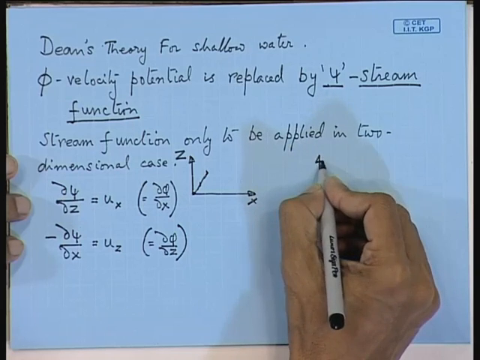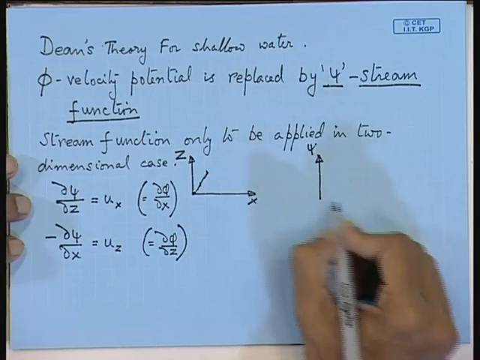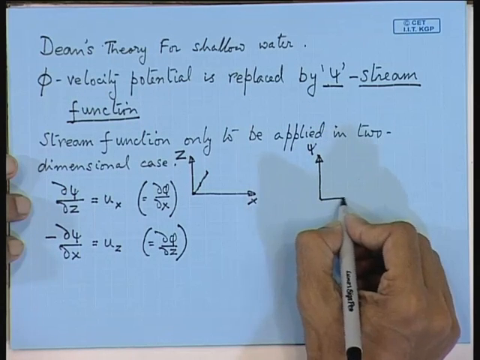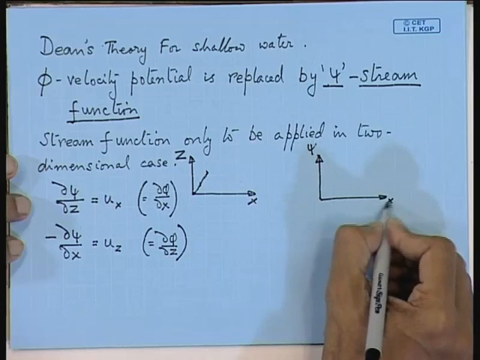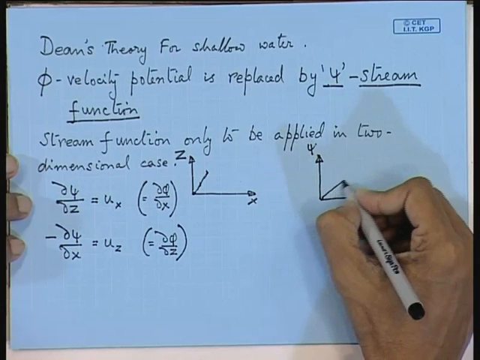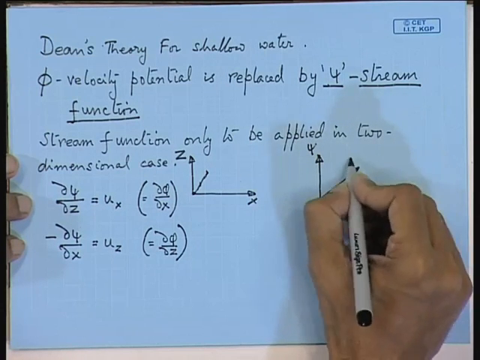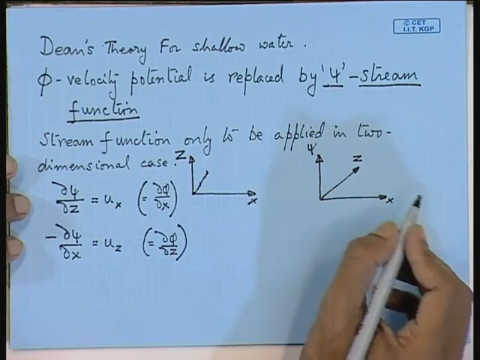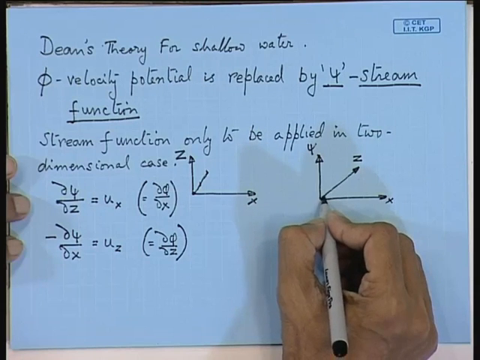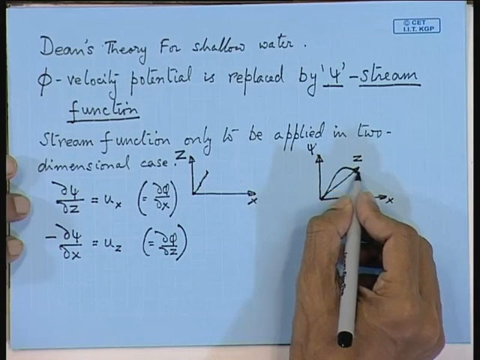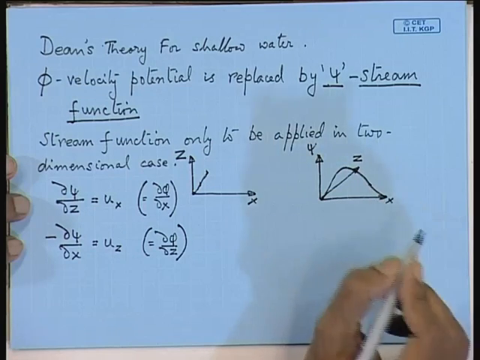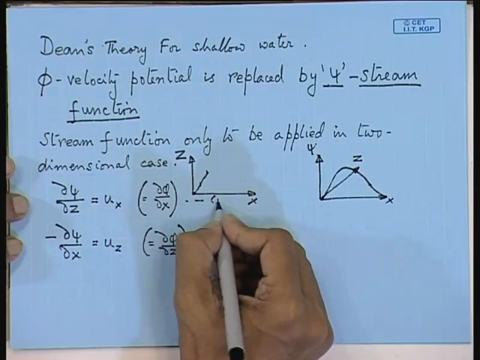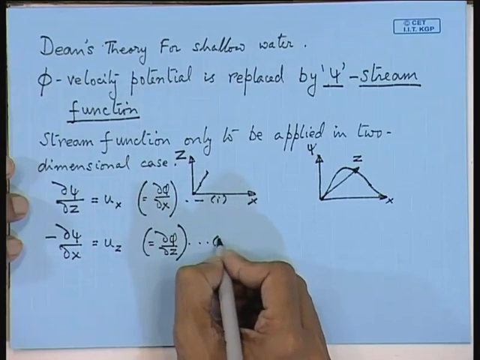If you plot, this is your psi axis, then this is your x axis and this is your z axis. Then let us see what you will get. So, you will get a three-dimensional curve. Now, you look at these two equations. So, this is equation number 1 and equation number 2.